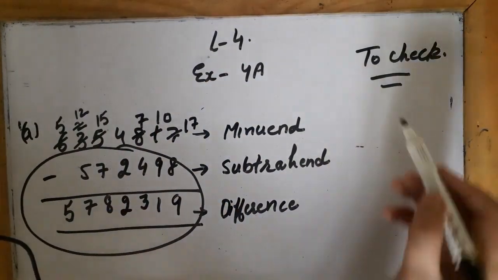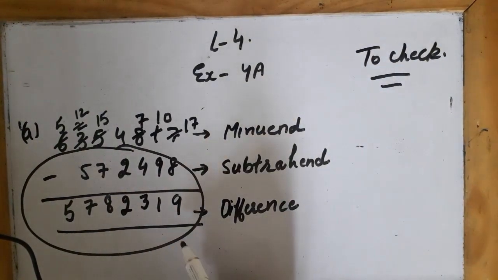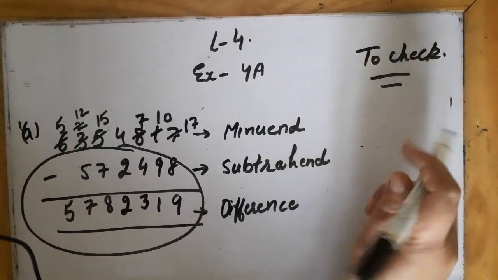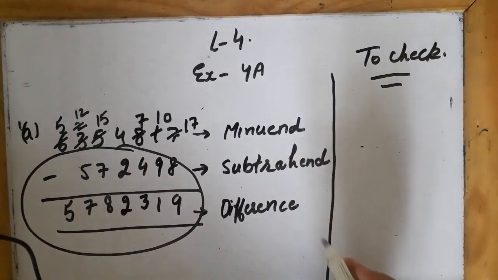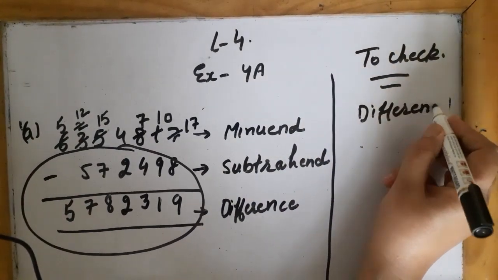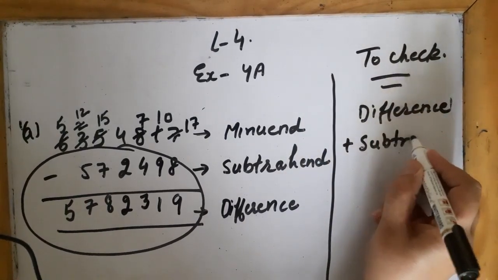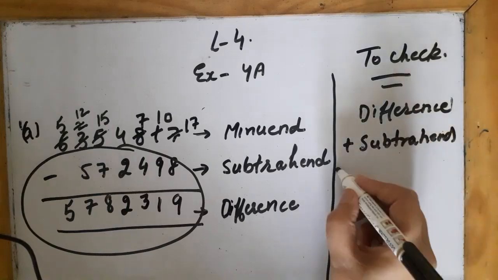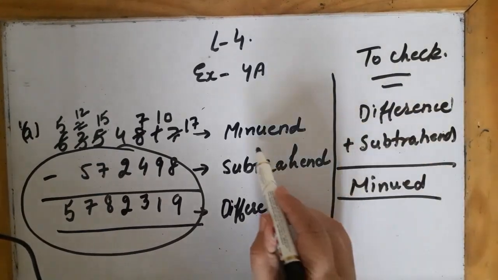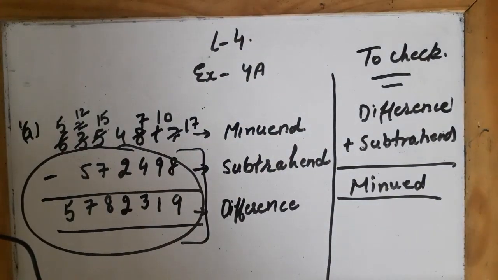To check means to check whether the answer that you have taken is correct or not. The difference and the subtrahend, both I will add and I should get the minuend, the first larger number.